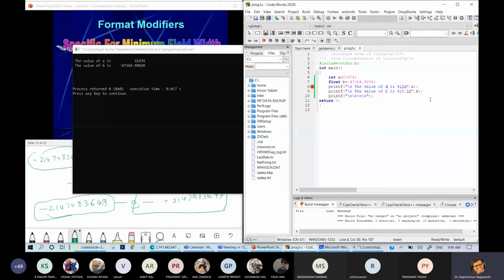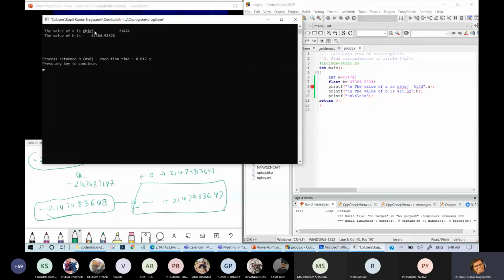what will be the result? Not from this place to 15. Let us write something different, then only we will be able to understand. So from this place to this place, it must be 15.